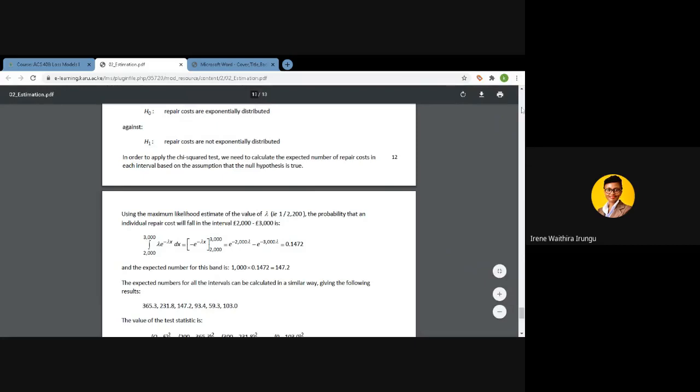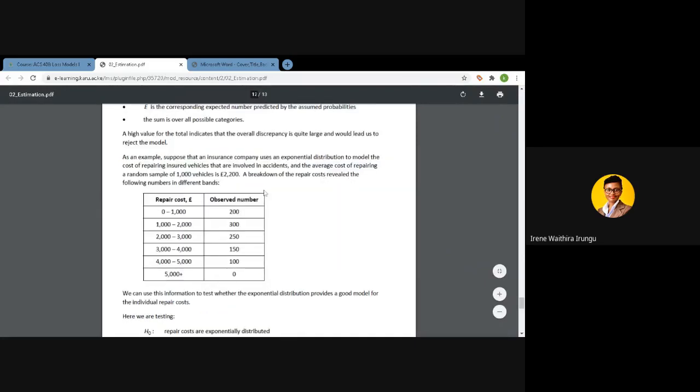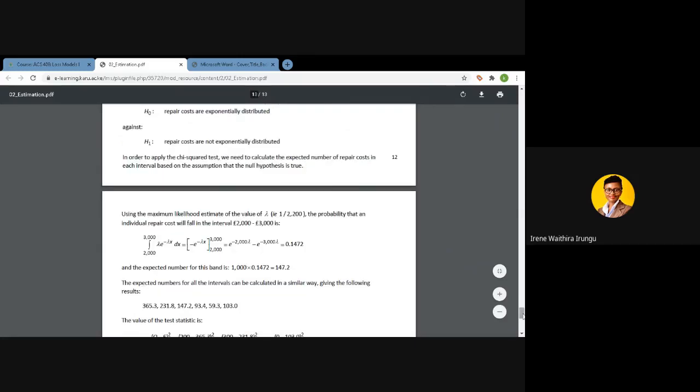But now our random sample was actually 1,000 vehicles. So if we were evaluating 1,000 vehicles, how many would we expect to fall in the category of accruing a repair cost of 2,000 to 3,000?